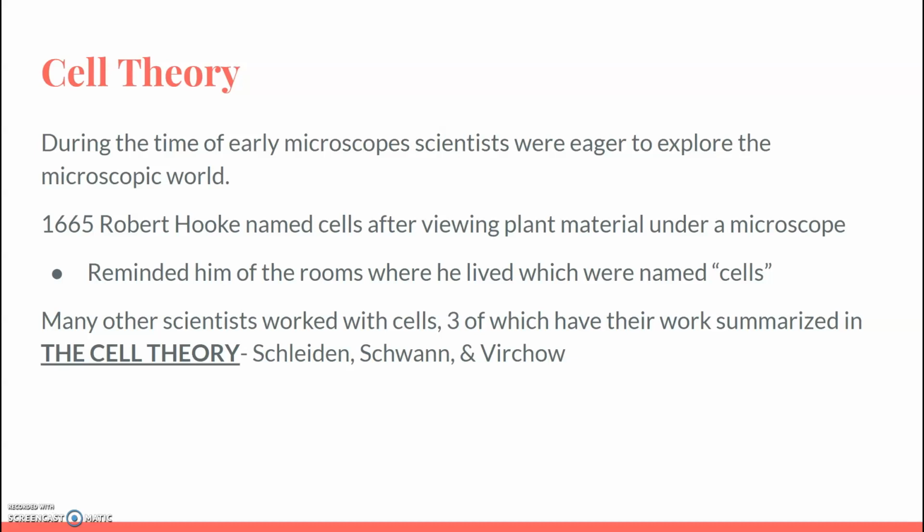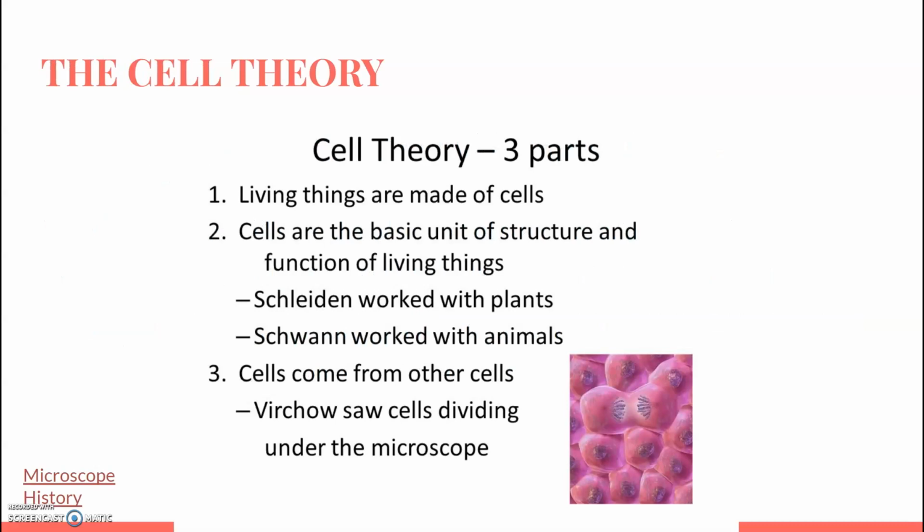Many scientists worked with cells, and three of them have their work summarized in what we now know as the cell theory. Those scientists were Schleiden, Schwann, and Virchow. The cell theory has three parts. First, living things are made of cells.